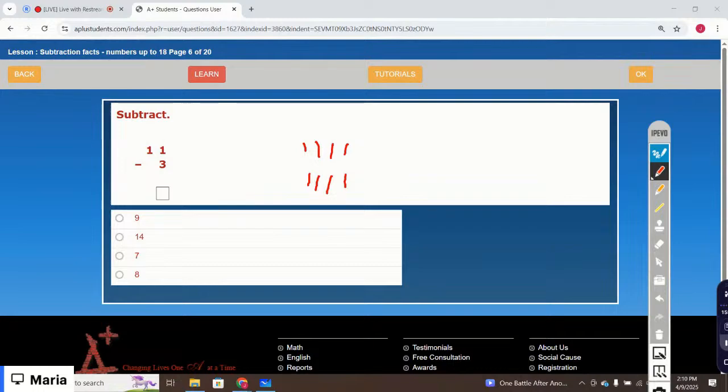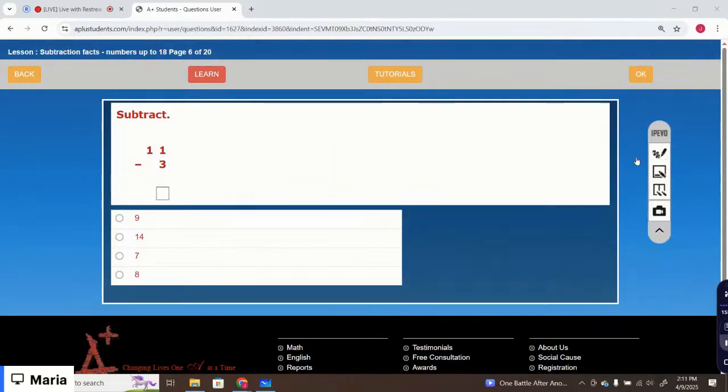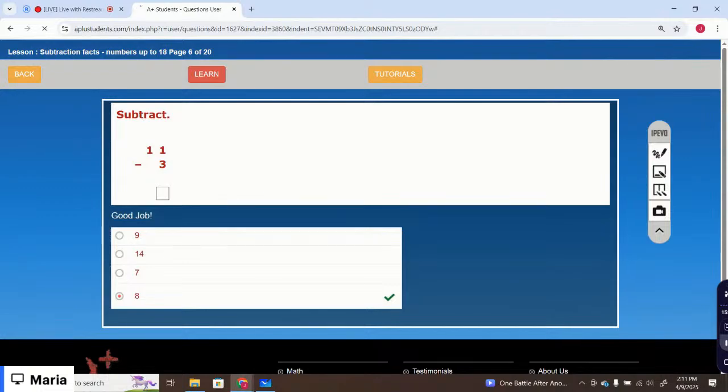So 11 take away 3 is 8. The last option is the correct option. 11 take away 3 is 8.